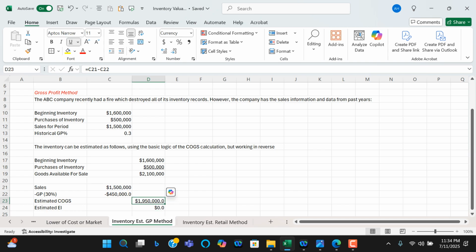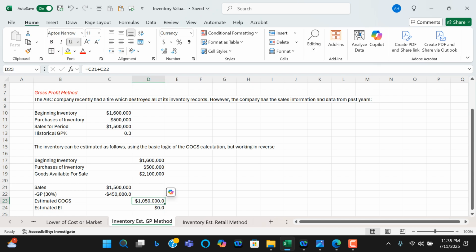Your estimated cost of goods sold is 1,050,000. So using the little logic of the inventory formula, you could have sold 2.1 million, and you've estimated your cost of goods sold at 1,050,000.